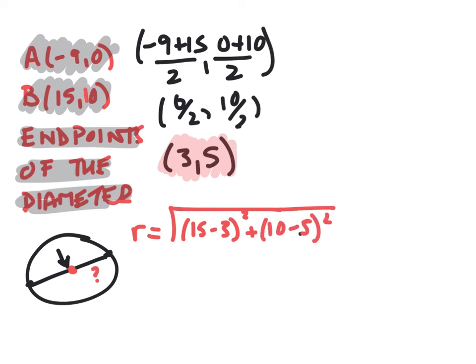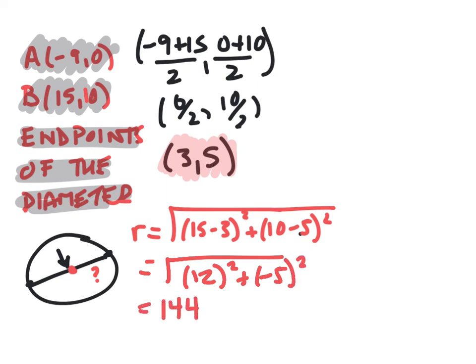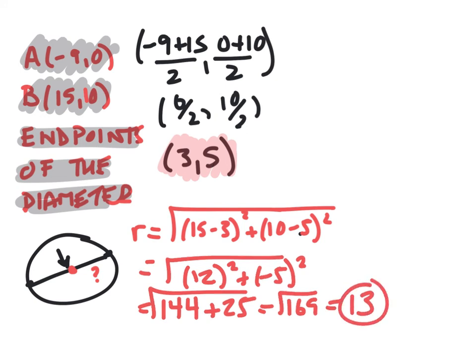I could use either point, but I want to use the center to one of the points. So 15 minus 3, 10 minus 5. This gives me 12 squared plus 5 squared, which is 144 plus 25, the square root of 169, which is 13.